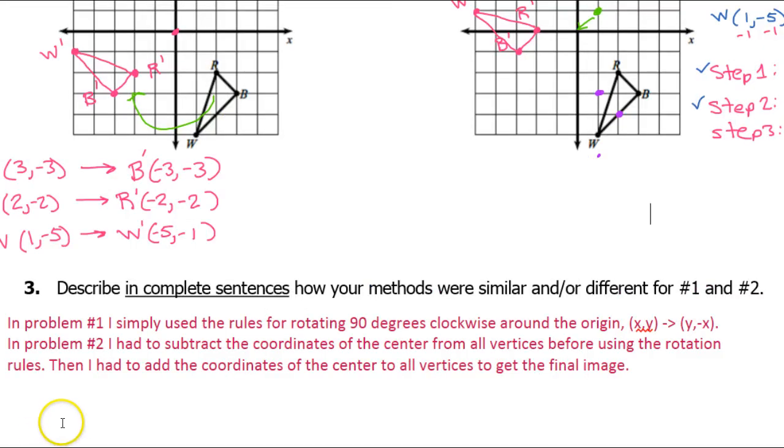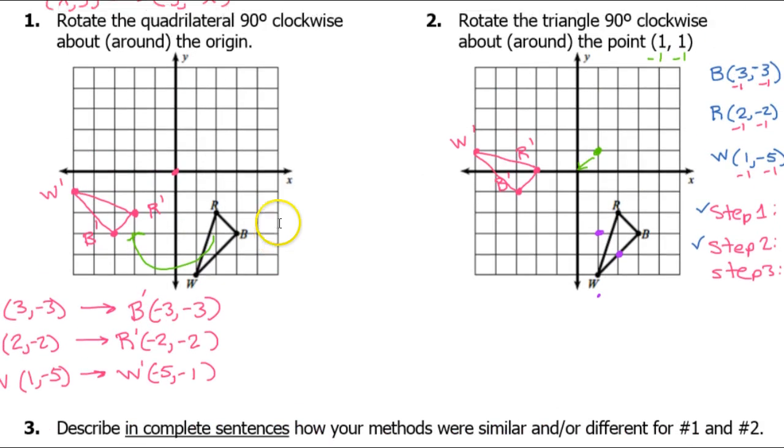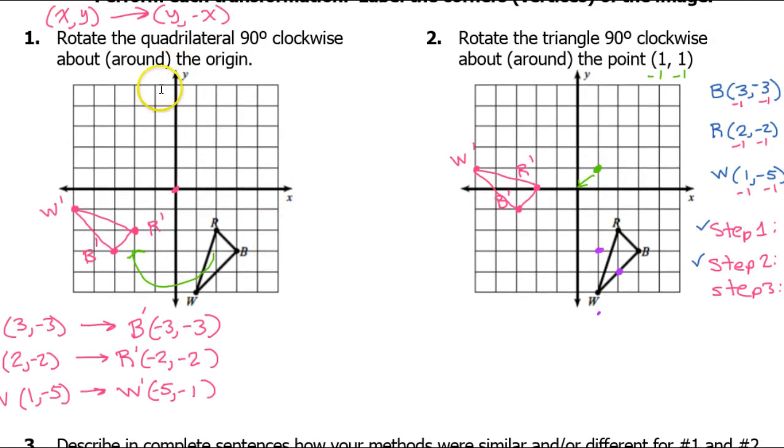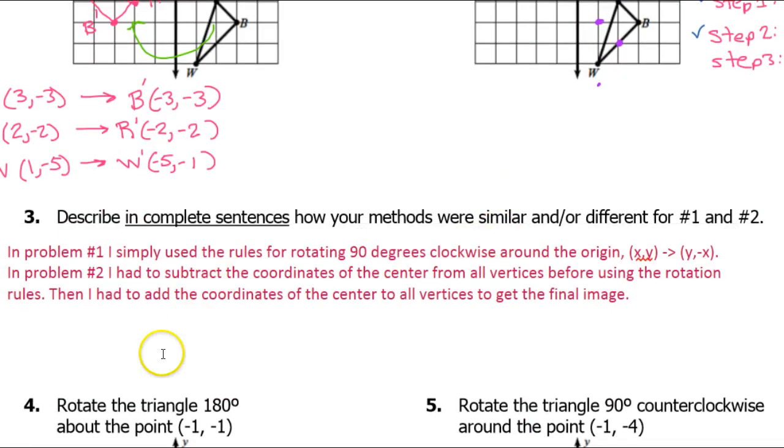In problem number 3, they want us to describe what we just did in complete sentences. We're sort of comparing and contrasting what happened in problem number 1, which was a rotation around the origin, versus problem number 2, where we rotated around a point that was not the origin, 1, 1. So here's my description.